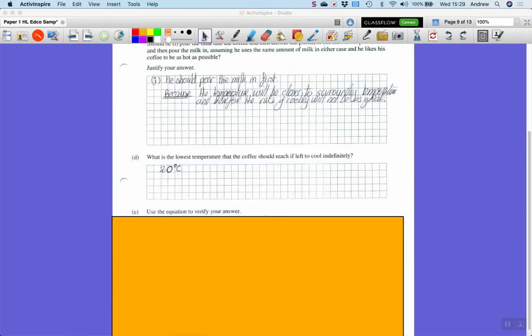Some of you were stuck on 8D, so you obviously want an explanation of why the answer is 20. Well, what's the room temperature? If you go back and read the question, the room temperature is equal to 20 degrees.